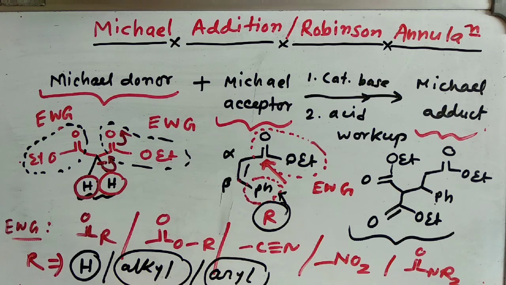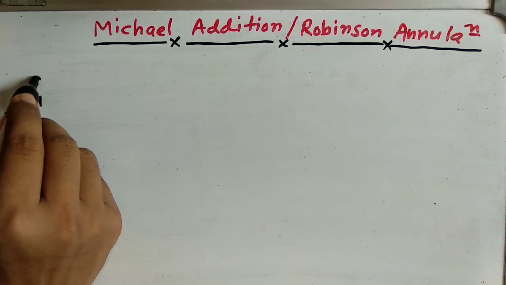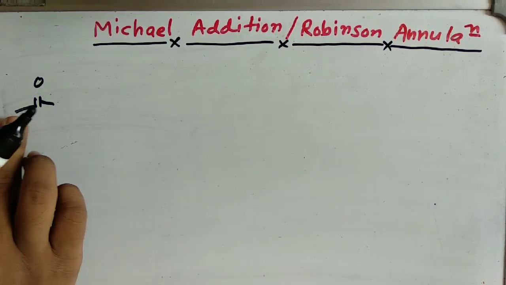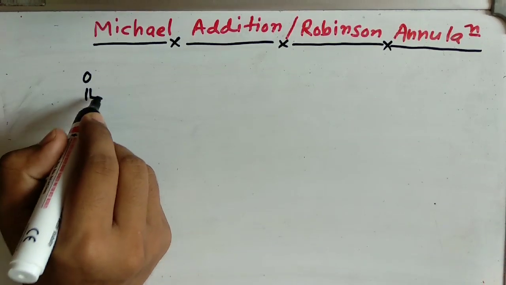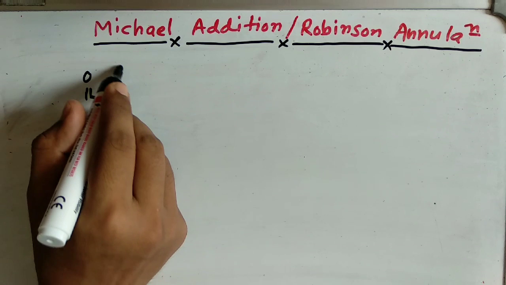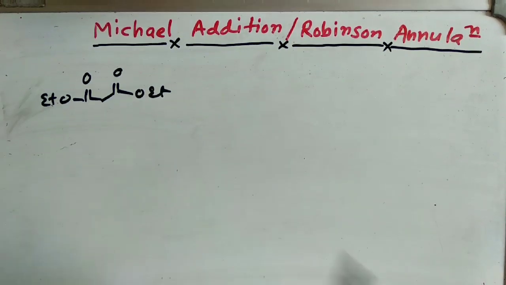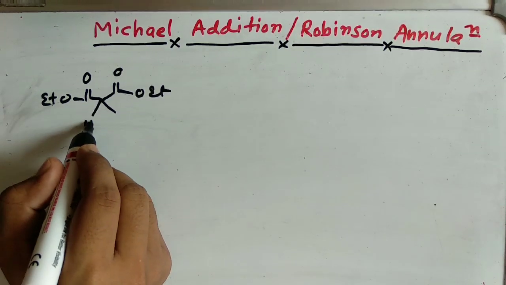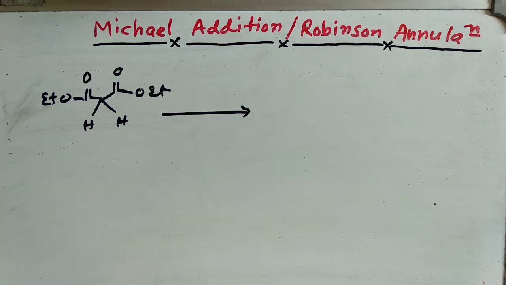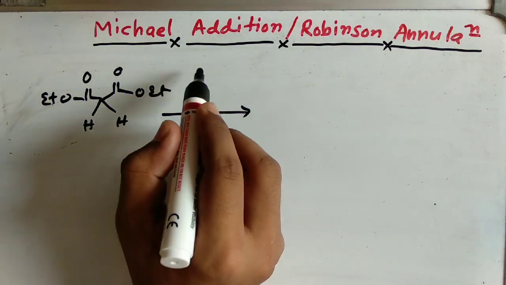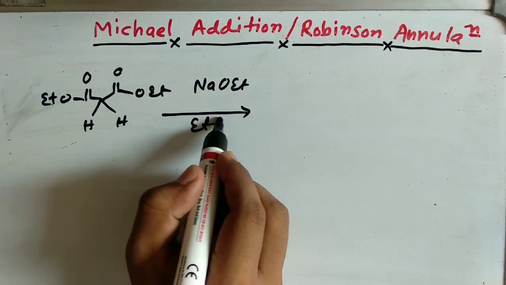Okay, so now coming to the mechanism. First, let me draw the active methylene system, the 1,3 methylene. First, as I have told you, the reaction is base catalyzed, so the base catalyst will be NaOH in the presence of EtOH.